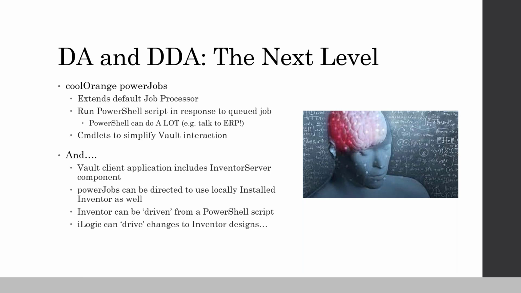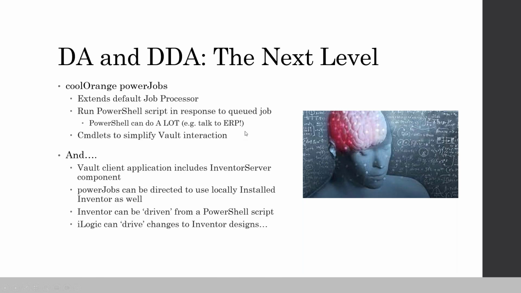And I personally think the Vault API is much more difficult to deal with. Where iLogic commands or snippets might save you a line or two of code here or there, powerJobs can save you lots of time and lots of headache and lots of lines of code. It's incredible, the tool that they've provided, right?